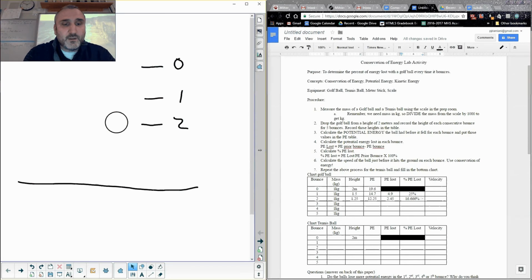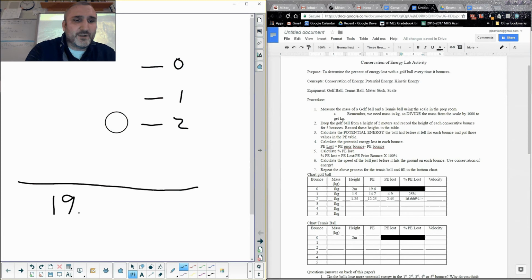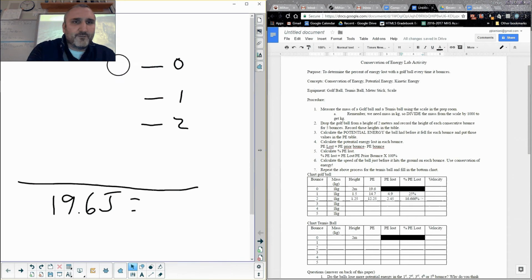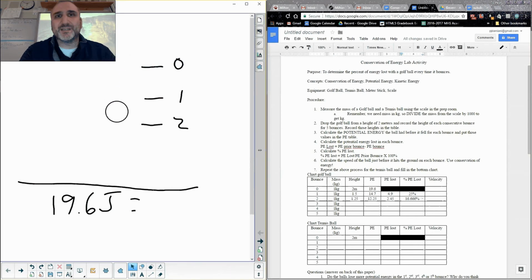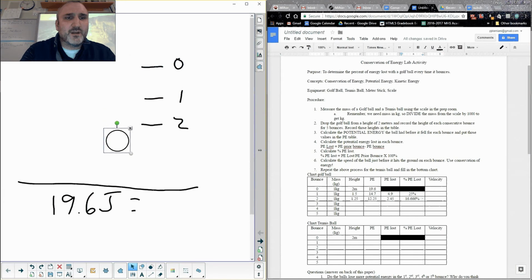So my PE was 19.6 joules. When the ball was up top, all of that energy was potential. As it falls down, that potential energy becomes kinetic energy.